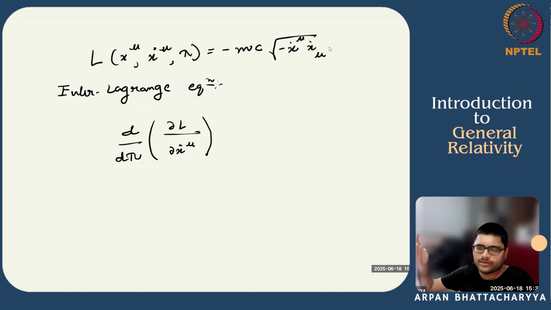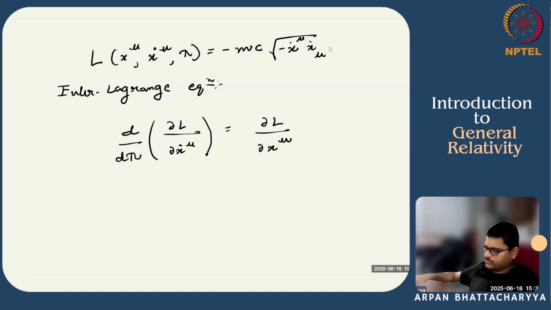If you choose lambda equal to t, then you have d dt, but in general you can choose anything. I'm just writing it with lambda, the world line parameter, equal to del L del x mu. You should be able to derive this equation from first principles, which we leave as an exercise for you.